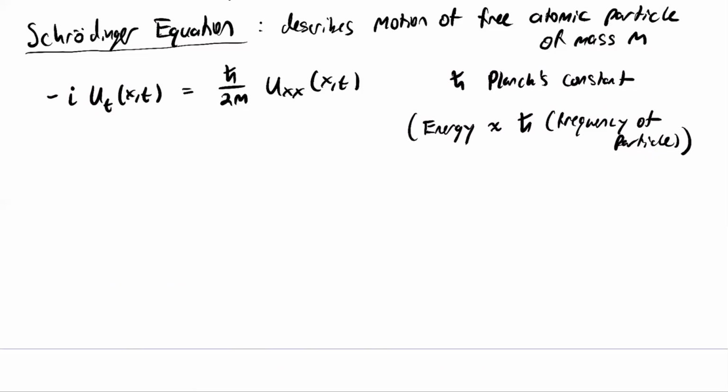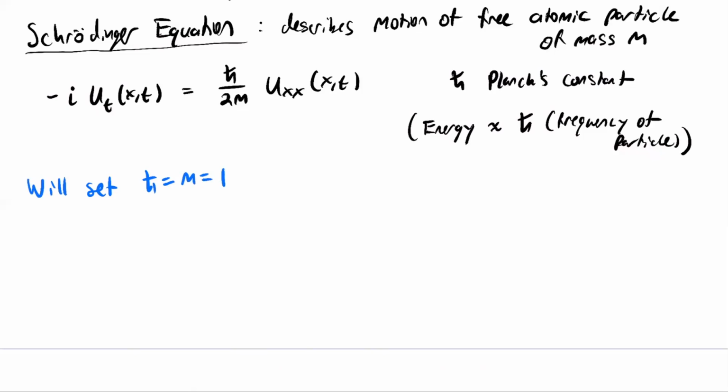Right, but for the purpose of the mathematical analysis of these equations, it helps to simplify this a little bit, so we don't have to deal with writing these h's and m's all over the place. And so for simplicity, we're going to set these both equal to 1. Right, so we're going to set h equal m equal 1.